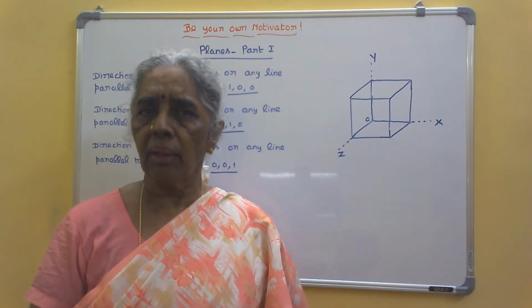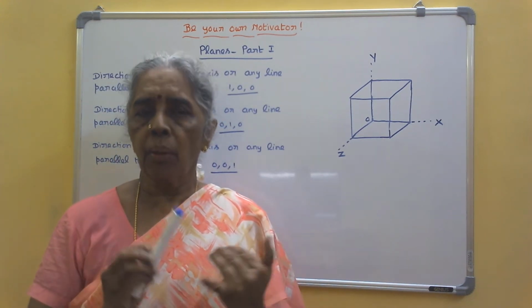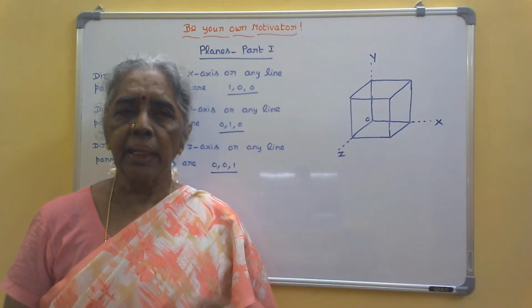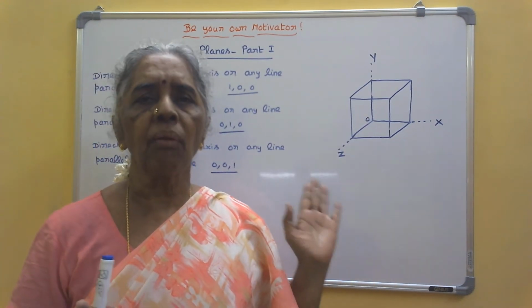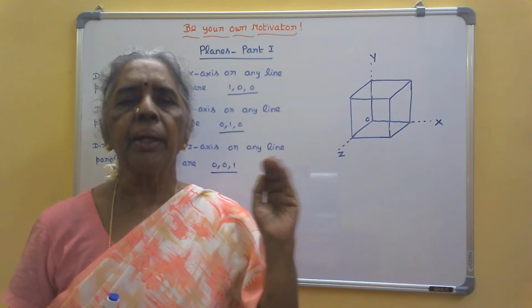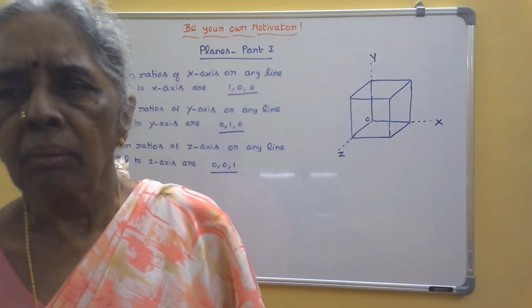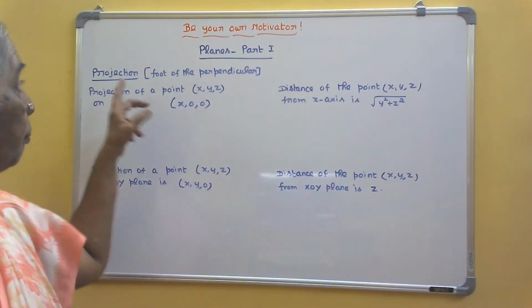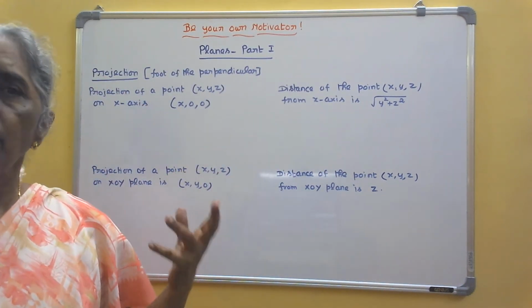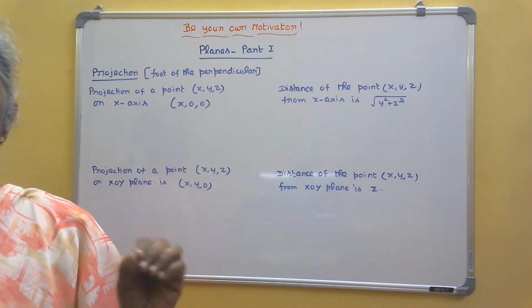So now you have learnt regarding coordinate planes, any point on the three axes, any point in the three planes. Now you have learnt about direction ratios. Okay. Now the next concept. Now projection of a point. What is the meaning? It is the foot of the perpendicular.